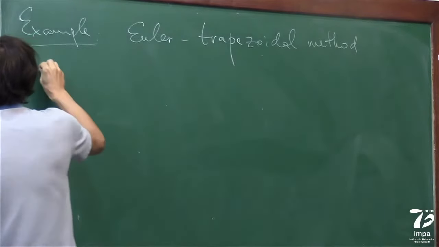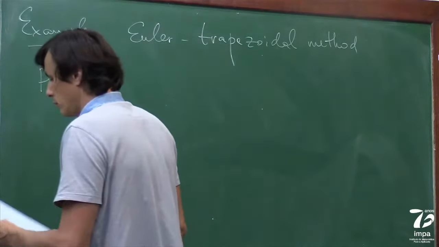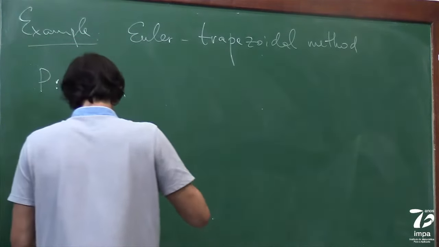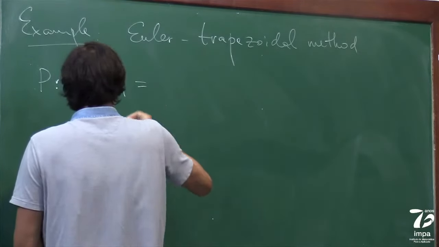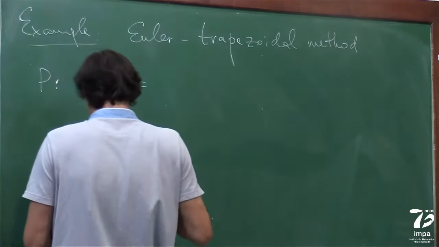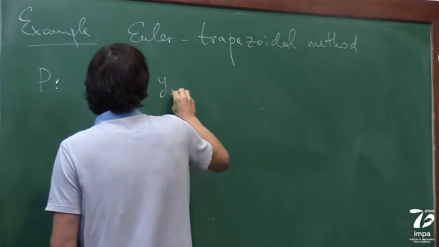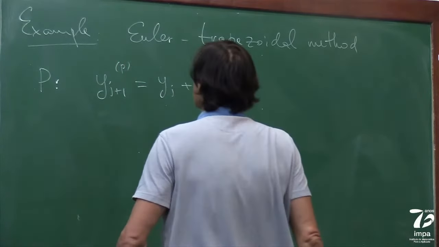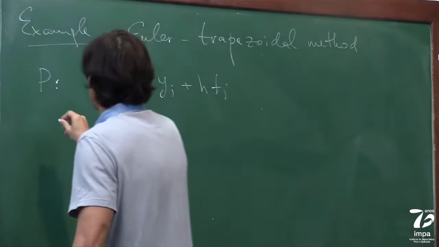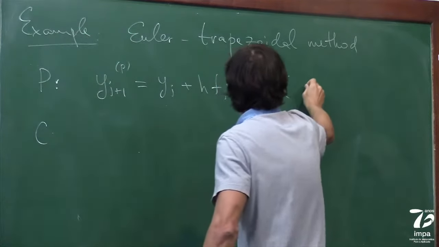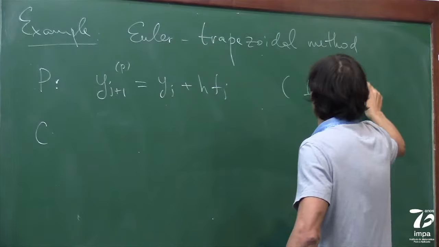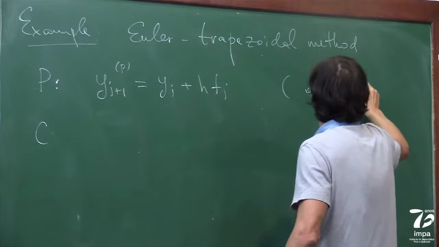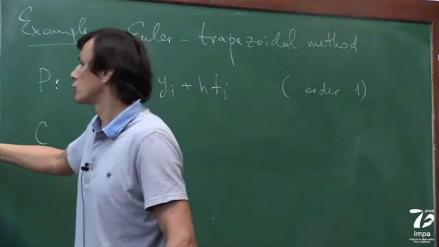How do you do it? You first make a prediction. The prediction step is just Euler. So that's the prediction. And then you put in a corrector. Euler is of first order, order 1, so we need order 2 for the corrector.